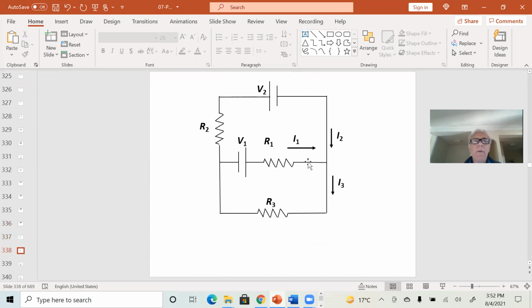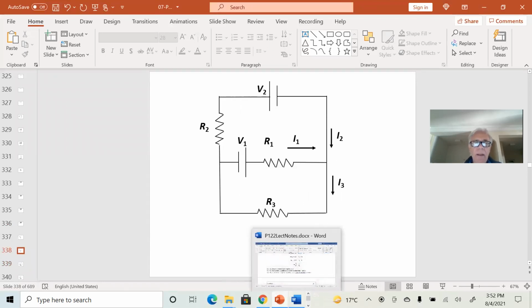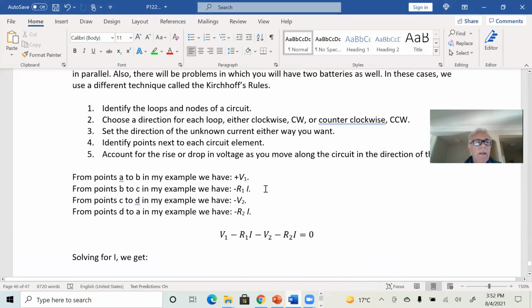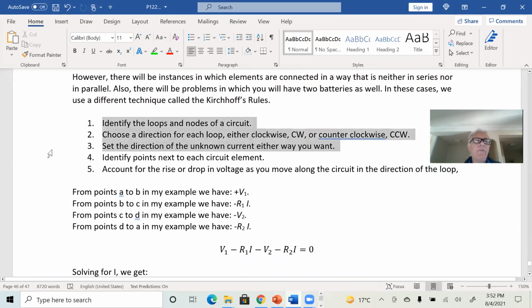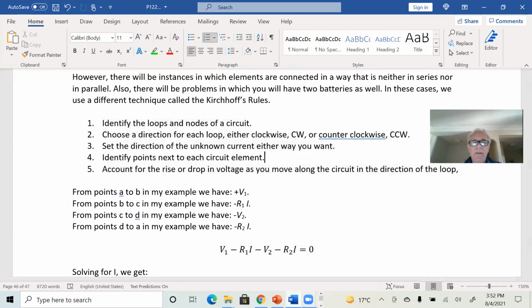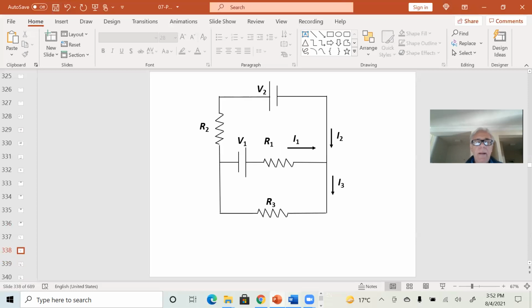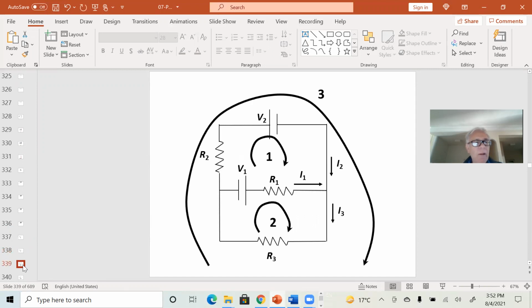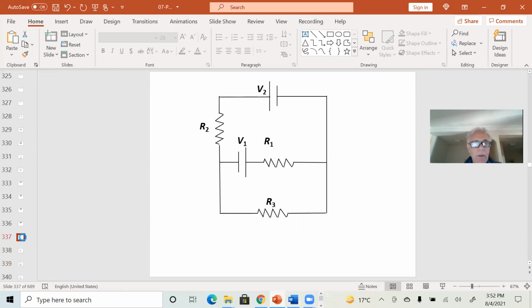So first step, let's get the steps that I spelled out, okay? Those steps don't have to be necessarily in this order. I'm going to identify the loops in the circuit.